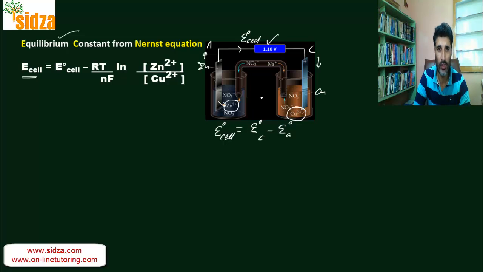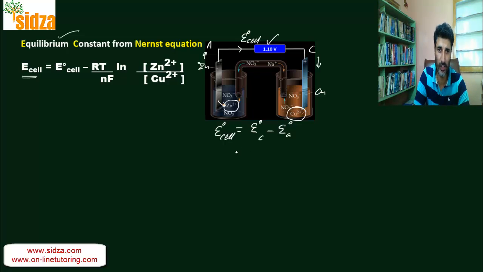Under the standard conditions they have some values: we have a higher reduction potential of the cathode, and the anode has a lower reduction potential, so the cell is producing current. But when the system is at equilibrium, the two electrodes have the same reduction potential.